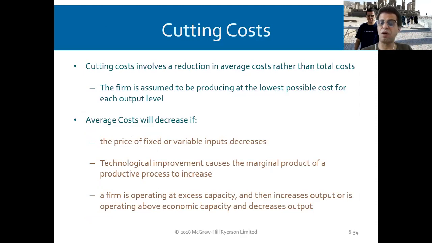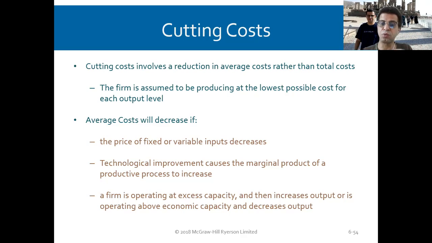Cutting the cost involves a reduction in the average cost rather than the total cost. Because you rented the place, so the first step when things slow down, you let the employees leave, you buy fewer flowers, you buy less oil. So you're cutting costs, which involves the reduction of average cost rather than the total cost.